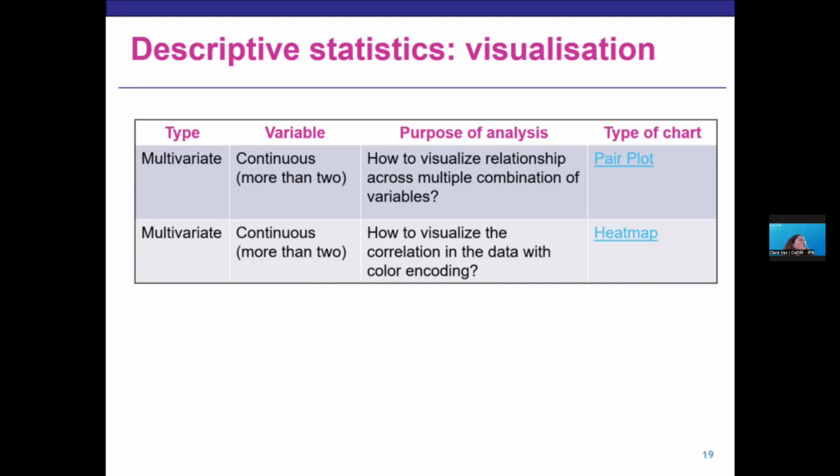Also, we can represent the correlation between each pair of variables by using the heat map chart. These multivariate analyses are applied when we have continuous variables.